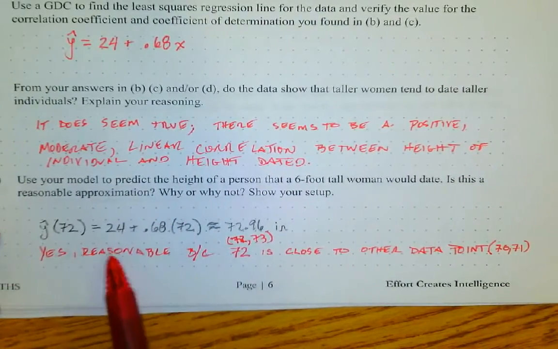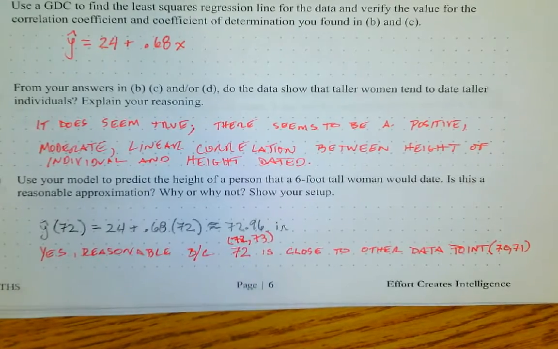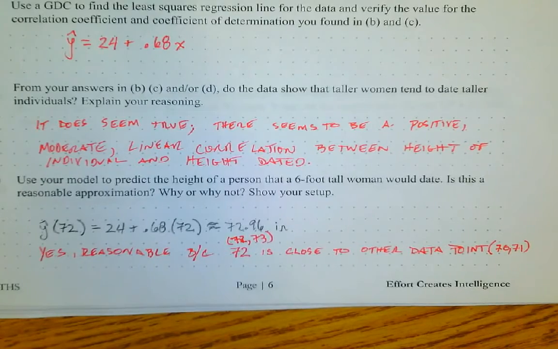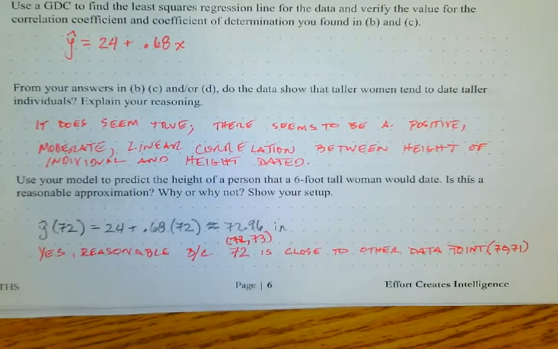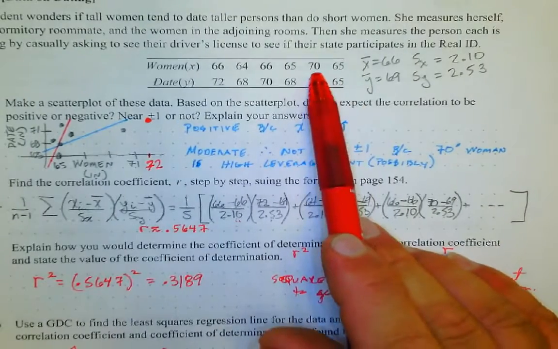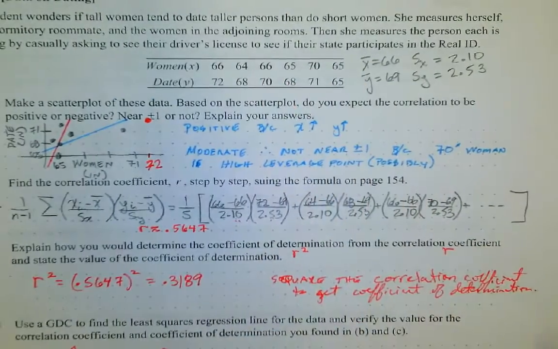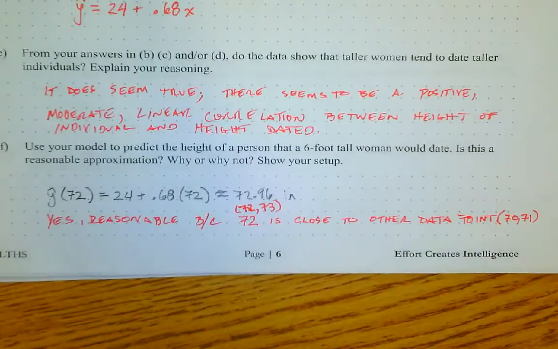So if you want to say that it's not very reasonable because this would be another possible high leverage point, possibly an outlier, you could discuss that. But in the big scheme of things, 6 foot, while it is a bit taller than someone that is only 5'10", or at 70 inches, or only 5'6", it may not necessarily be that far away. Okay, so you just want to be careful with your answers there.